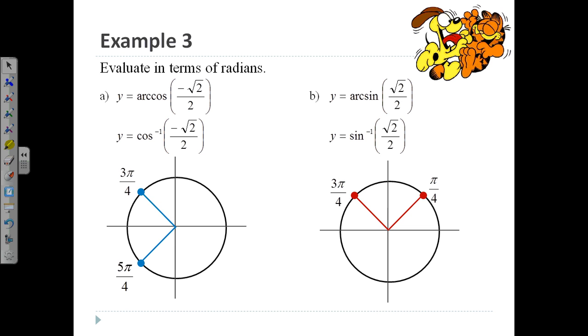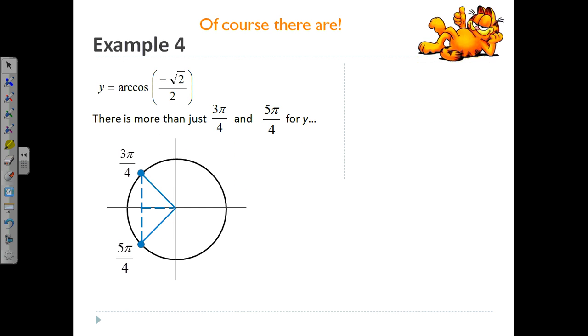Okay, so then you have to think about, are there any more answers that satisfy these equations? Well, of course there are. All right, so let's think about this. Remember in Unit 1 where we had rotations. We could take our ray and rotate around a couple times, 3 times, 4 times, in whichever direction.